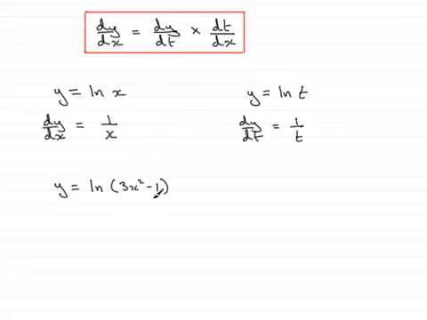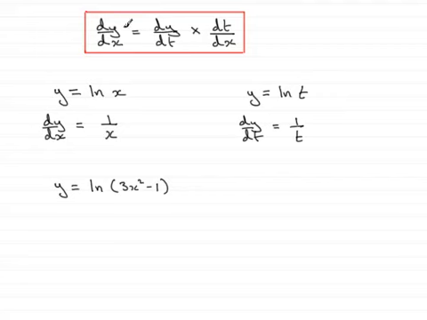We need to have this as a single letter, like I had here, x or t, not several terms like 3x squared minus 1. And so what I do is I let this value 3x squared minus 1 be the t here. So therefore I would have y equals the natural log of just simply t.